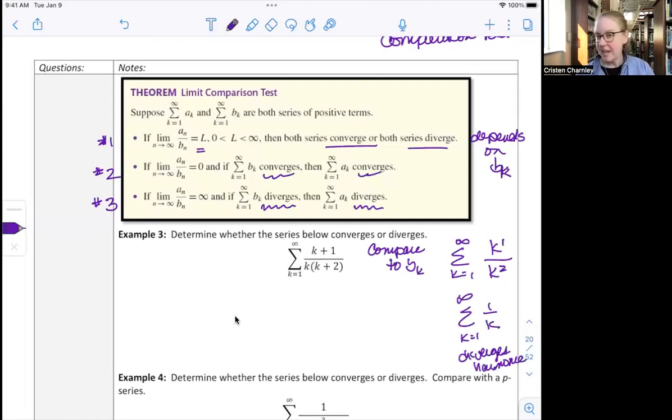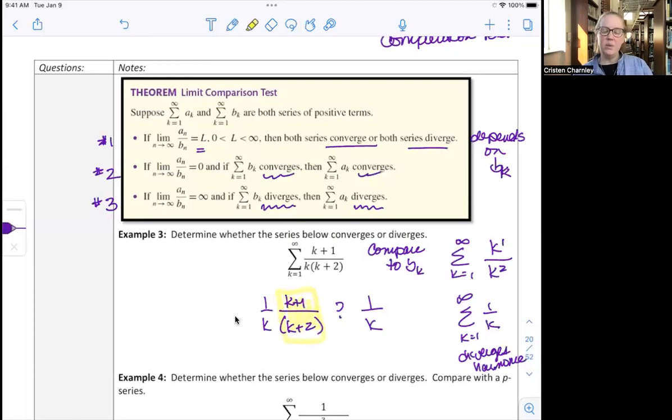Now, if we compare sizes here, let's compare how we did in the last one. So I've got k plus 1. I'm going to do a 1 over k in the front. Here's my k plus 2. How does this compare to 1 over k? As you get closer and closer to infinity, this (k plus 1) over (k plus 2) does become almost 1, right? Infinity plus 1 over infinity plus 2 is infinity over infinity.